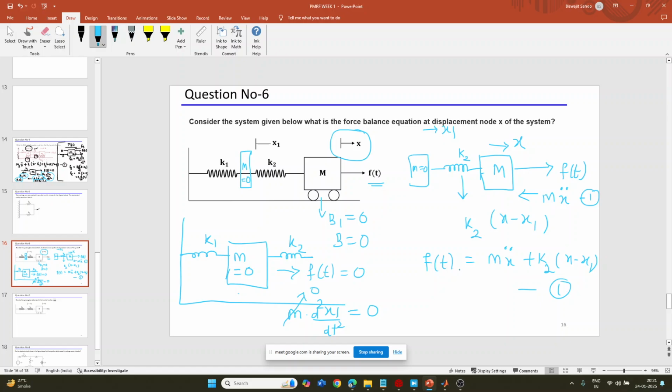One force in this direction, x1 displacement, another force K2 which is in between x1 and x. So write the second equation directly: K1 x1 plus K2 (x1 minus x) equal to 0. So these are the two equations. You need to solve them and find out the transfer function. You got my point how I am approaching this question?